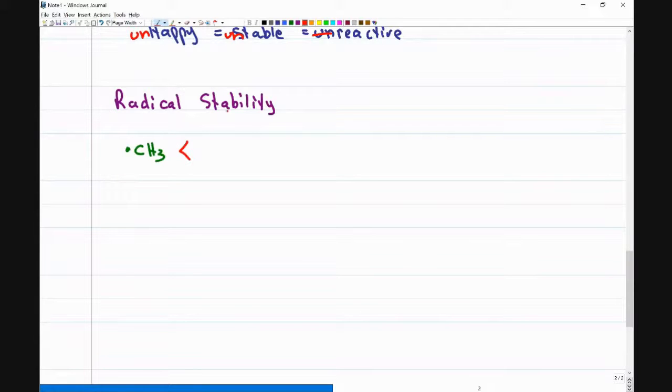Slightly more stable will be a primary radical, a radical sitting on a primary carbon. Slightly more stable than that will be a secondary radical, a radical sitting on a secondary carbon. And more stable than that is a tertiary radical, where the radical sits on a tertiary carbon.